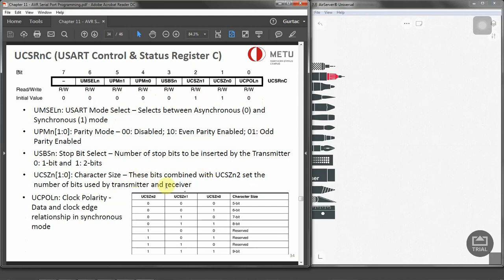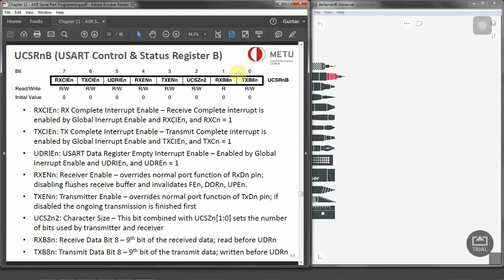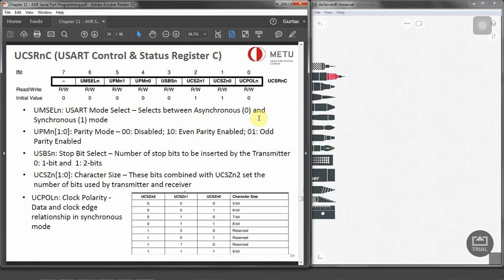The 5 bits, 6 bits, 7 bits, 8 bits can all be set with UCSZn. If you want to use 9 bits, you can just set it to 111, and over here you have to put that 9th bit. And UCPOLn, clock polarity, is the data and clock edge relationship in synchronous mode. So you can choose whether the rising edge or the falling edge of the clock is going to be considered.